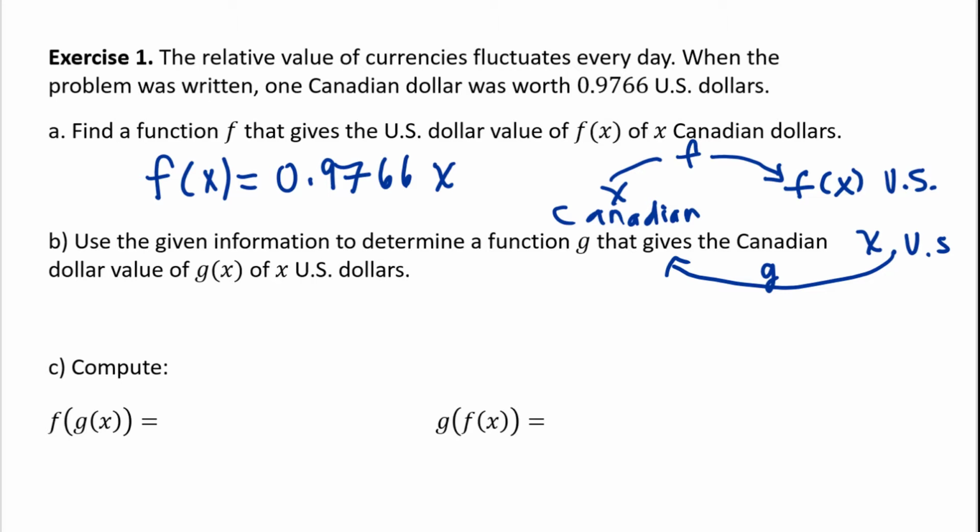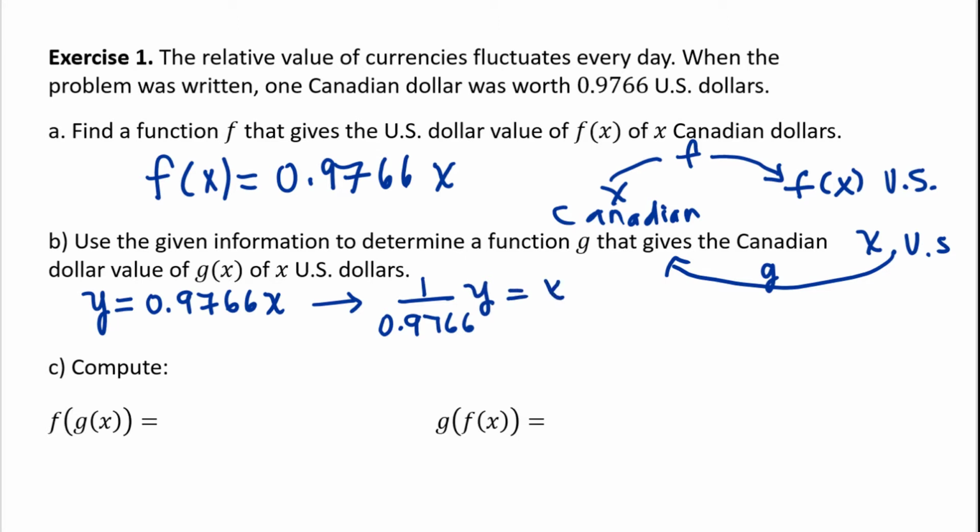So if you had f of x equals 0.9766x, let's just go ahead and write that as y equals 0.9766x. And what we're trying to do is get x by itself. So we would have 1 over 0.9766 y equals x.